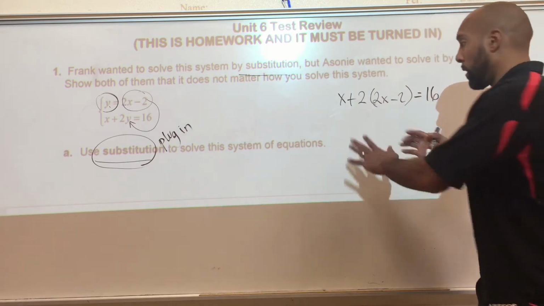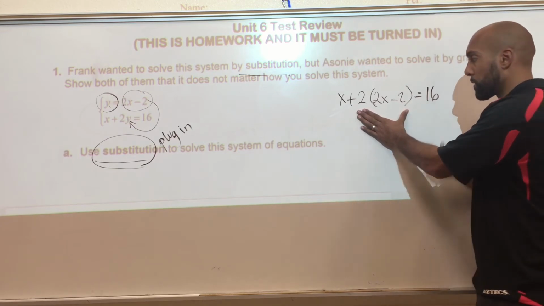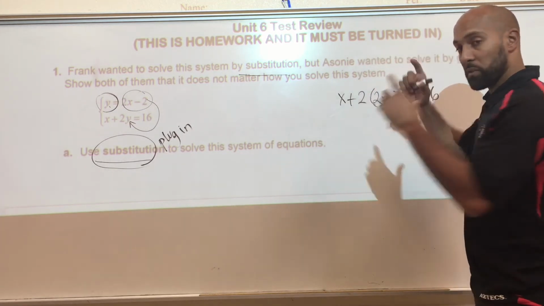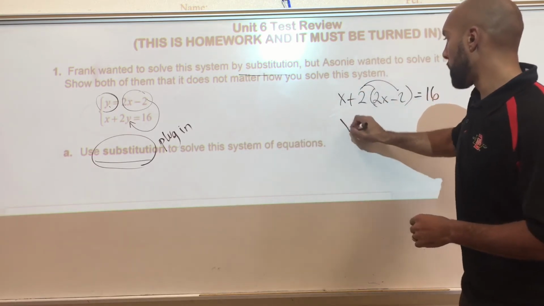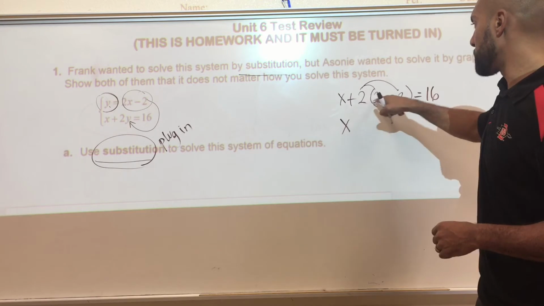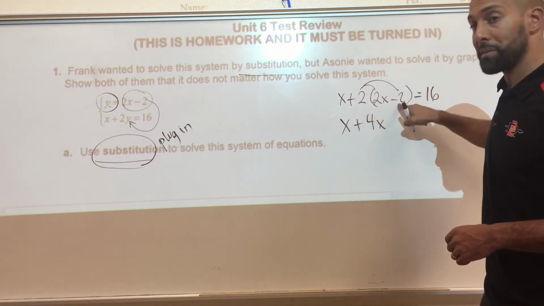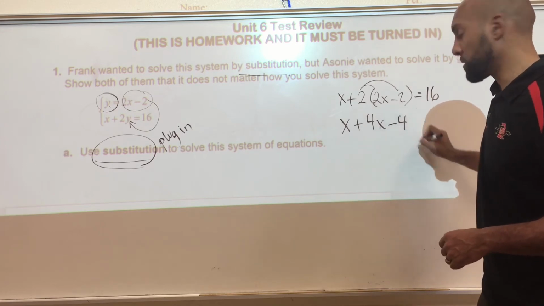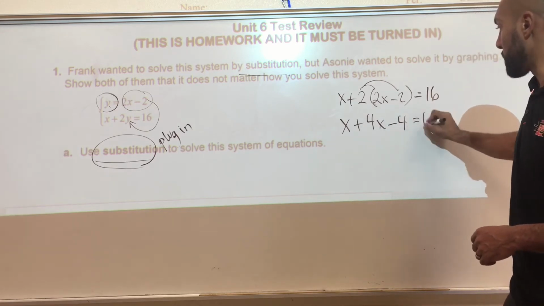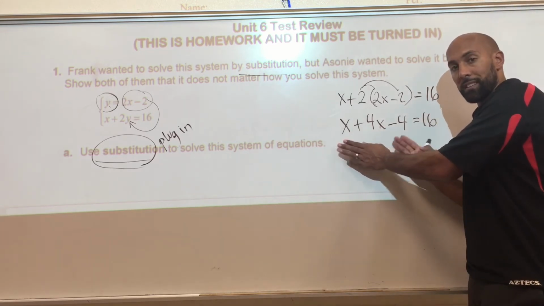Okay, now we're just going to solve the equation, but we've got to do one step at a time. First, let's distribute. Remember, if you see parentheses, we always distribute. Rewrite the x. 2 times 2x, 4x. 2 times negative 2, a positive times a negative is still negative. Negative 4 equals 16.